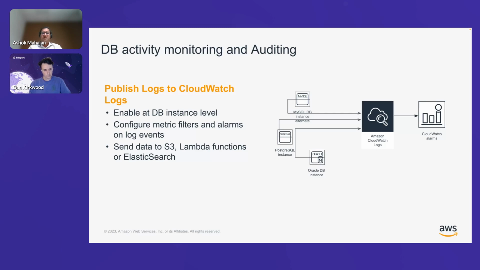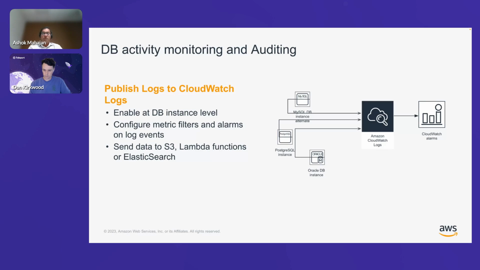You can view these metrics like CPU utilization, memory, storage, and latency in the RDS console, in the CloudWatch console, or even using the CloudWatch API. And you can pull them into any monitoring tool of your choice. On top of it, RDS also gives you enhanced monitoring with access to over 50 additional metrics when enabled. And you can define the granularity at which you run these metrics from 60 seconds all the way up to 1 second interval.